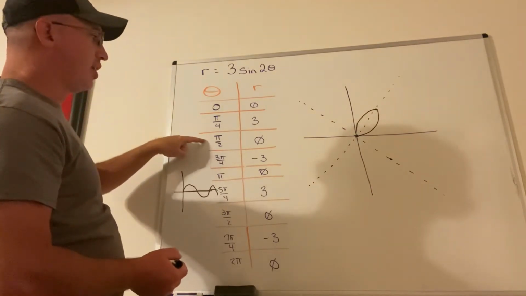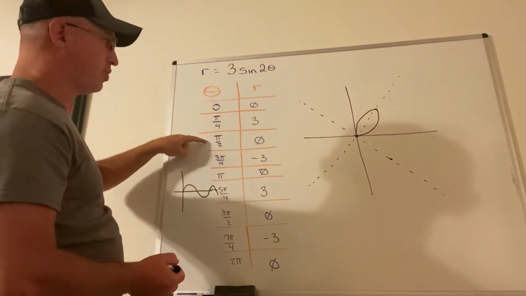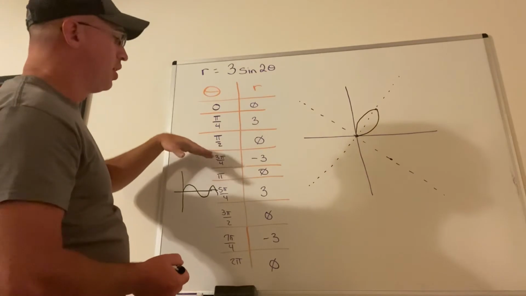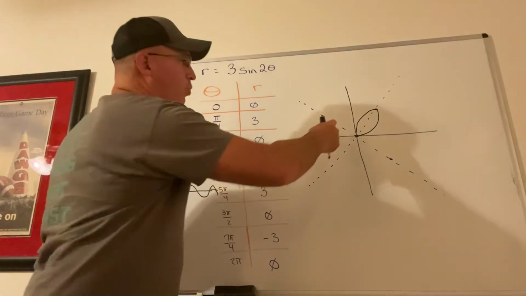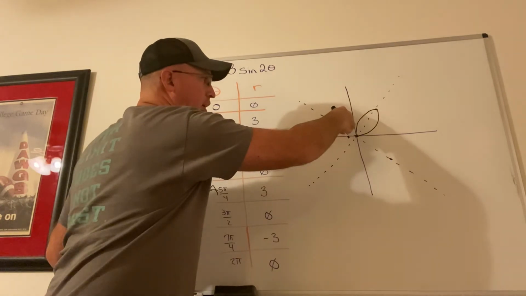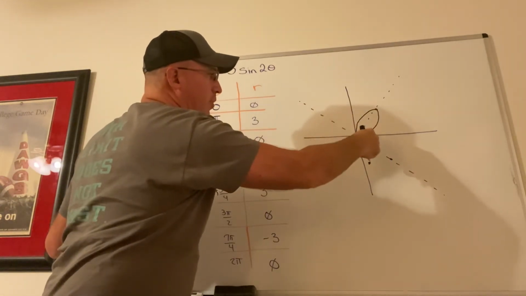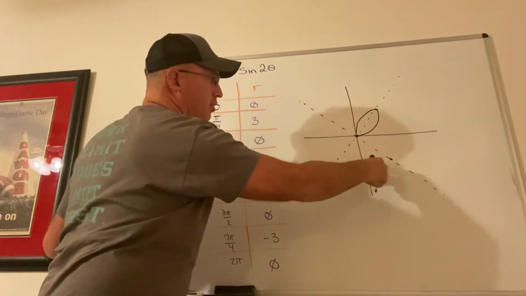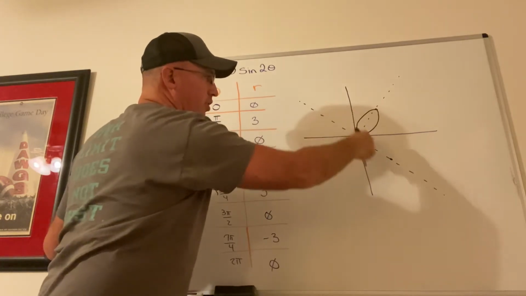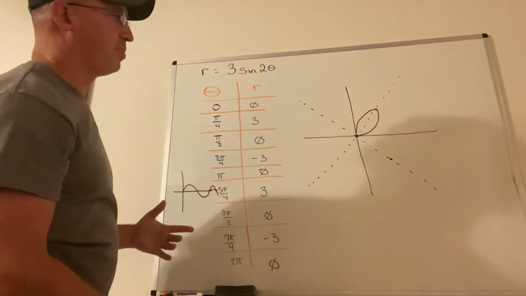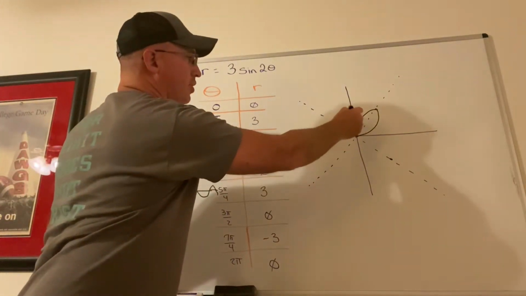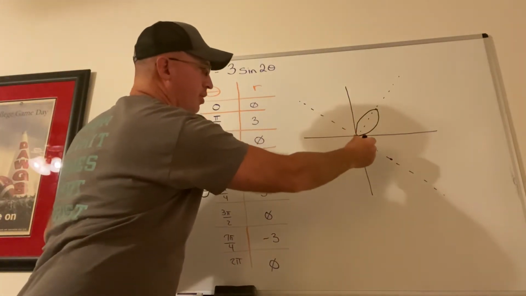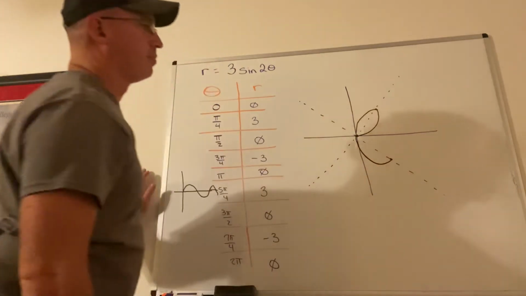This thing went negative at pi over 2. So pi over 2 is 0, and then it's negative stuff, -3, and it's still negative until you get to 0. So what would have been here is now here, right? Those are the reflections of each other, exactly 180 degrees or pi away. So what would have been this arc right here is this arc right there.